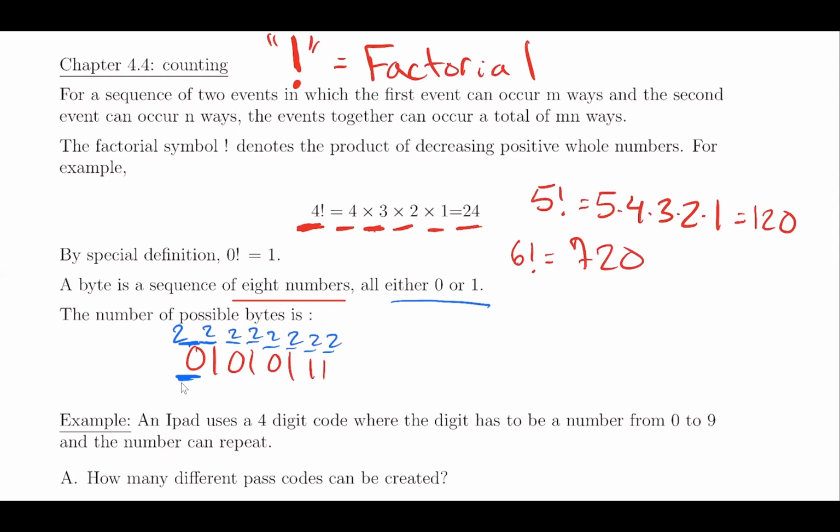If they would have told us it could be 0, 1, and 2, now instead of having two options, we technically have three options. So whenever I say how many options, I'm saying how many different numbers can this number be? So there's two different numbers. Everybody good so far? Cool, perfect.